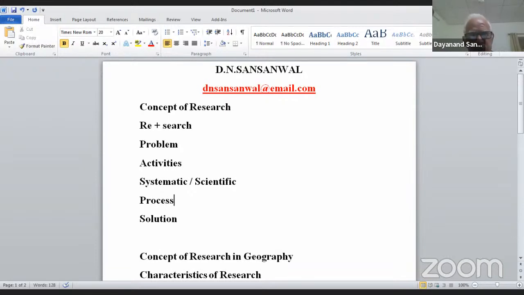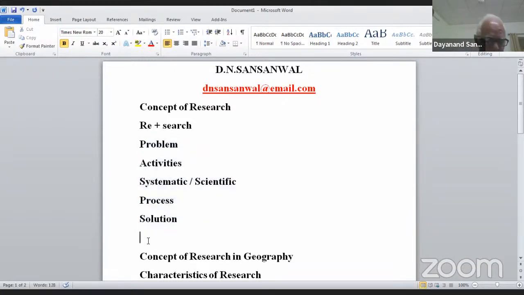When you wash your utensils, washing utensils is a process. When you wash your clothes, washing clothes is a process. When you want to drive your car, driving a car is a process. So whenever there is a process, there are different steps you have to follow, in a particular sequence. So these are the 5 words which you must use in order to define the word research.